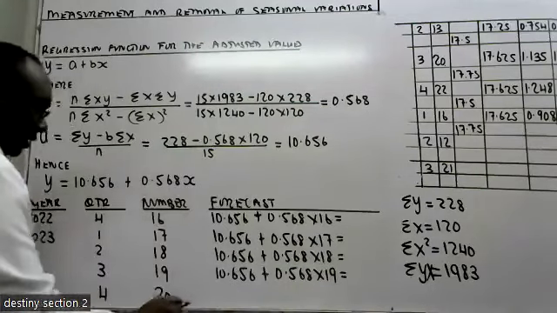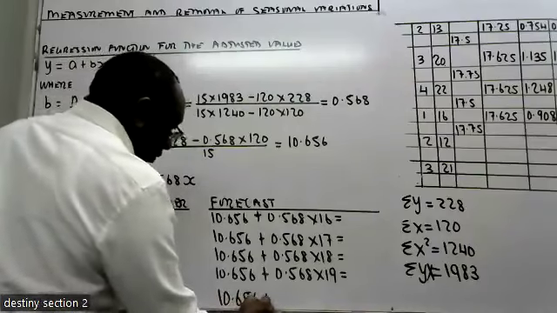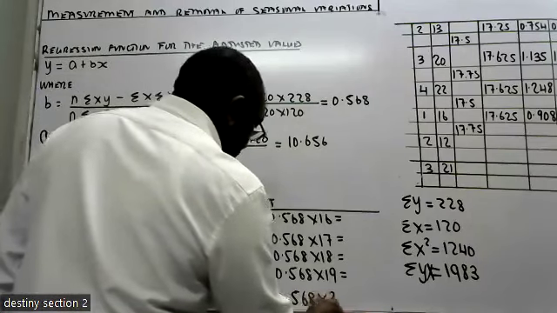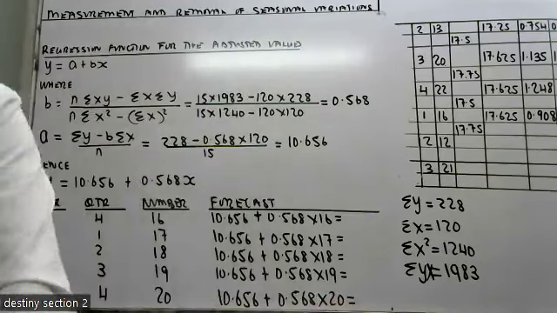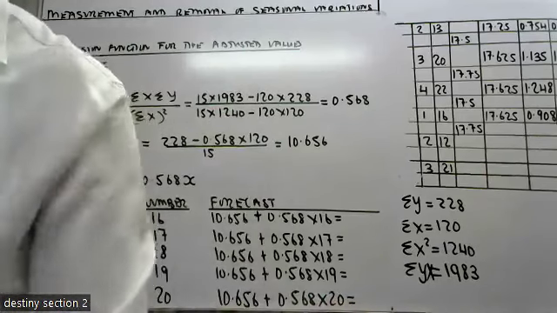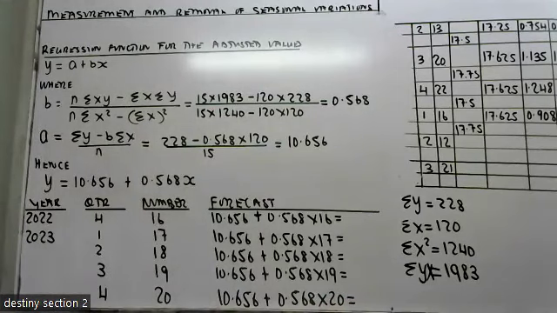Number 4, we have 20. 10.656 plus 0.568 times 20. So get those answers.